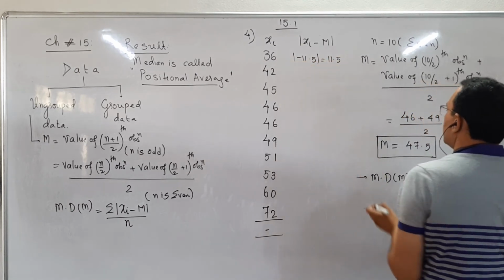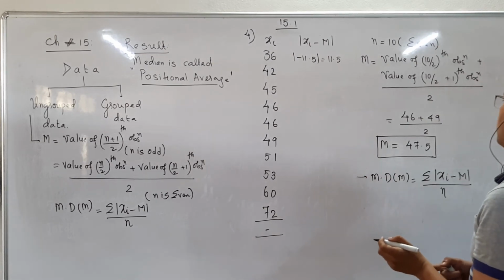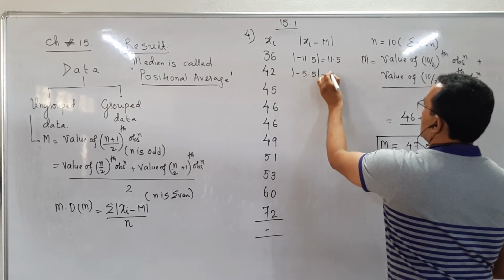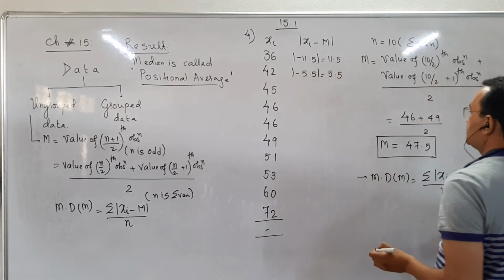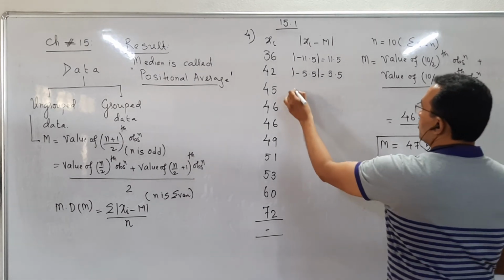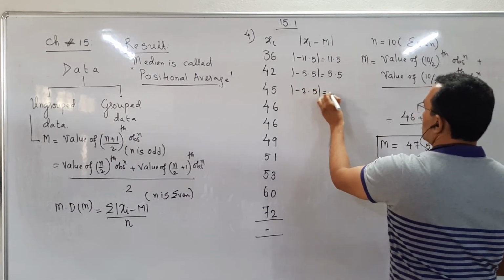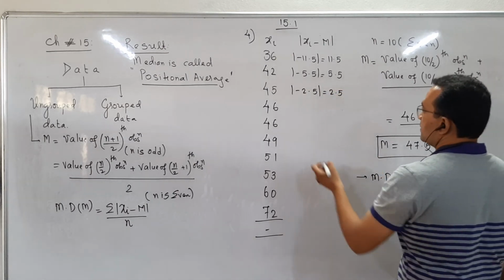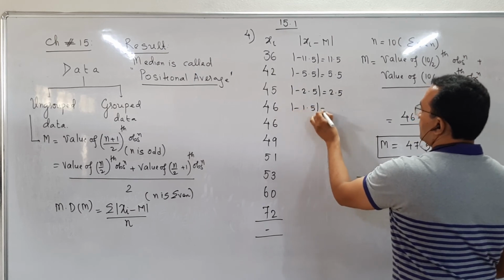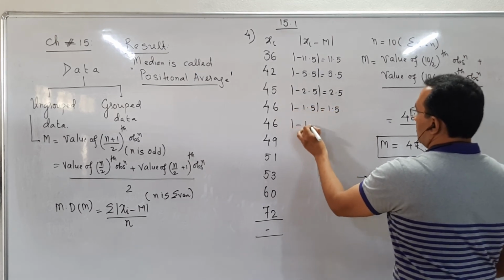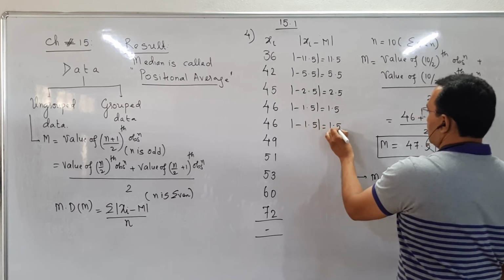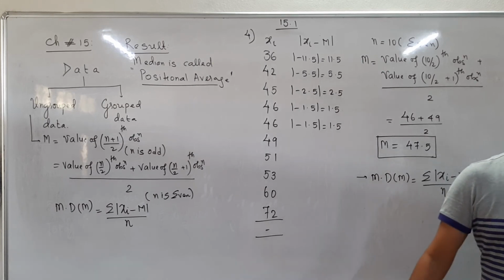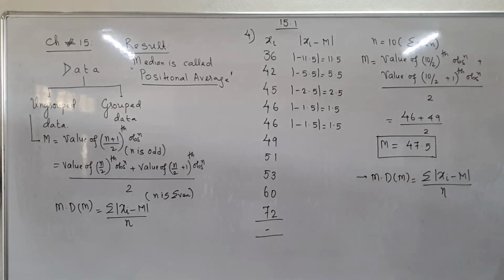Its mod is 11.5. 42 minus 47.5, so it is minus 5.5. The mod is 5.5. Then this is minus 2.5. Mod is 2.5. 46 minus 47.5 is minus 1.5. Mod is 1.5. Minus 1.5, mod is 1.5. 49 minus 47.5 is plus 1.5.